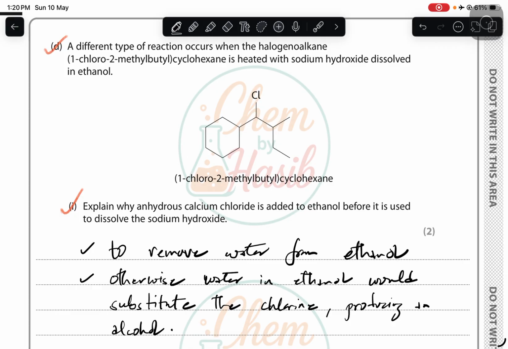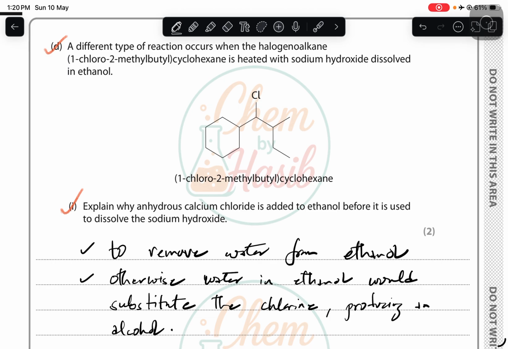The ethanol, since it contains water, the water in ethanol will substitute the chlorine in the halogen alkane. It will substitute the halogen, producing an alcohol. We don't want to produce an alcohol. This was a very good question, a very different question.